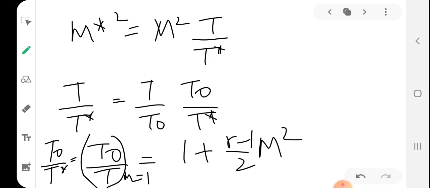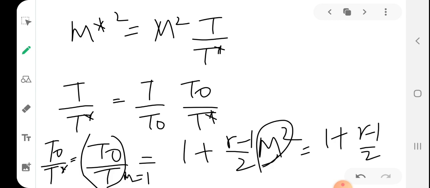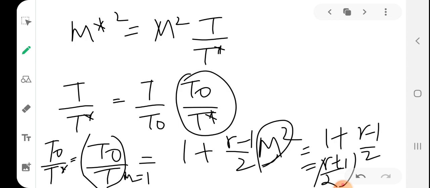At critical section, Mach equals 1. So here we put Mach as 1. So it will be 1 plus gamma minus 1 by 2, which means gamma plus 1 by 2. So here you can substitute gamma plus 1 by 2.